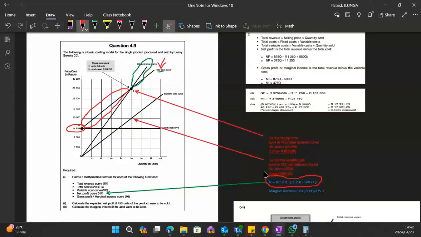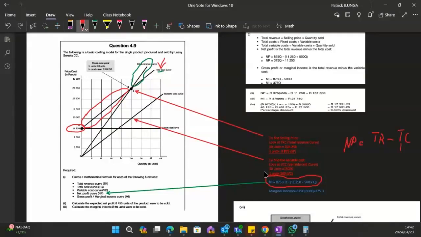No, no, no, don't worry, because I do understand where you would get it wrong. Where you would go wrong is that you need to start with the actual net profit. Net profit equals total revenue minus total cost.